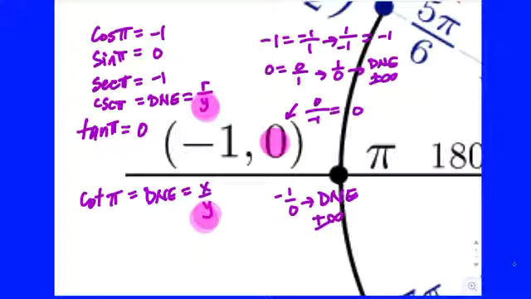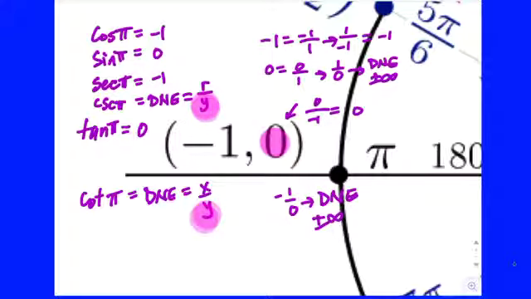What's the reciprocal of square root of 3/2? 2 square root of 3/3. What's the reciprocal of negative square root of 3/2? Negative 2 square root of 3 over 3. Good.